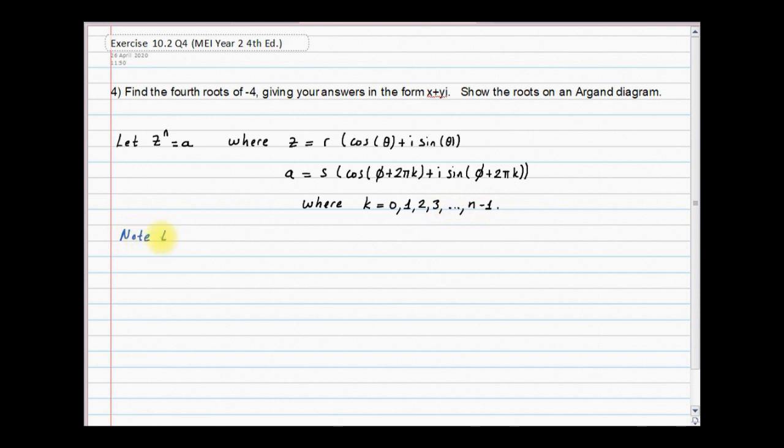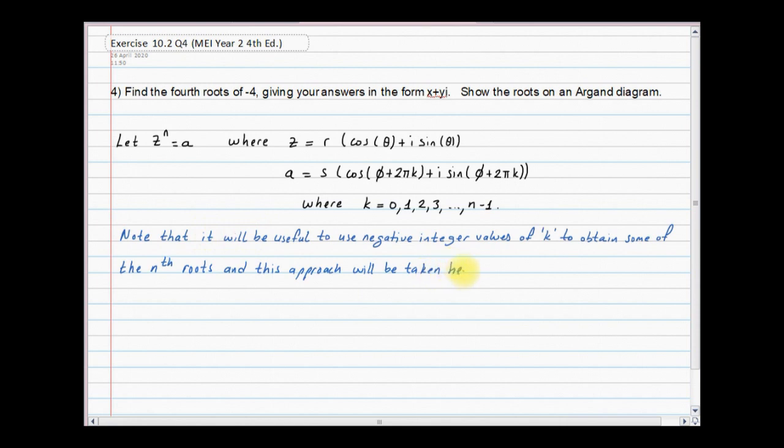However, note that it will be useful to use negative integer values of k to obtain some of the nth roots, and this approach will be taken here.